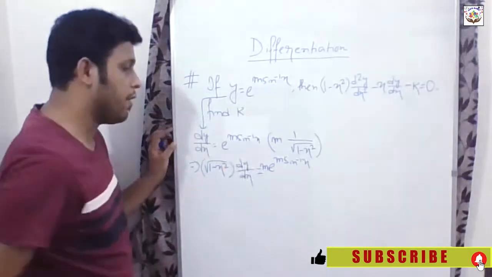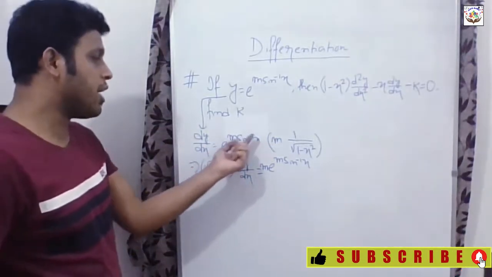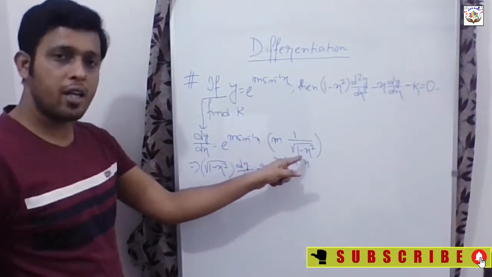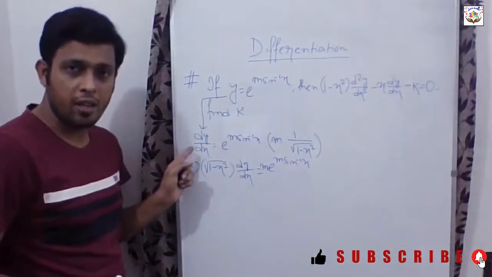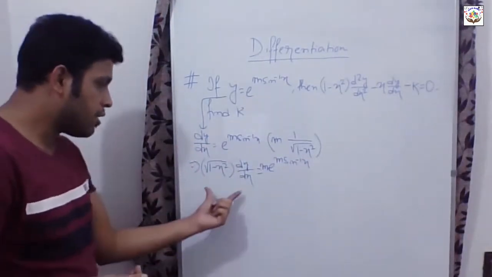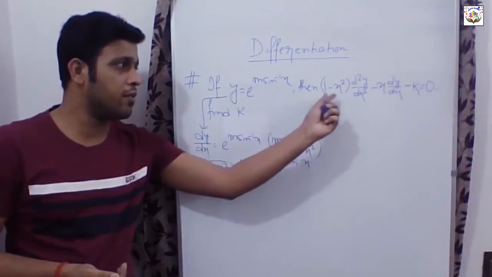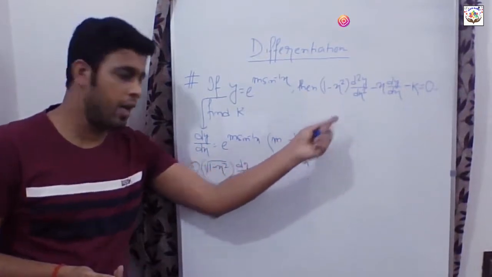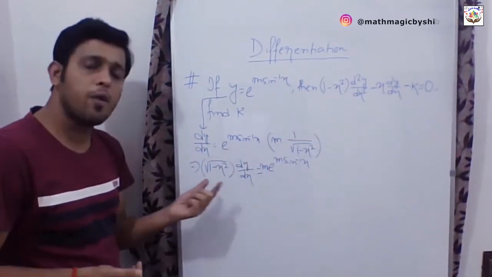So m e to the power m sin inverse x, and this denominator was cross multiplied to this side, right? Now as you can see, almost a similar term: there is 1 minus x square and we have got root over 1 minus x square.